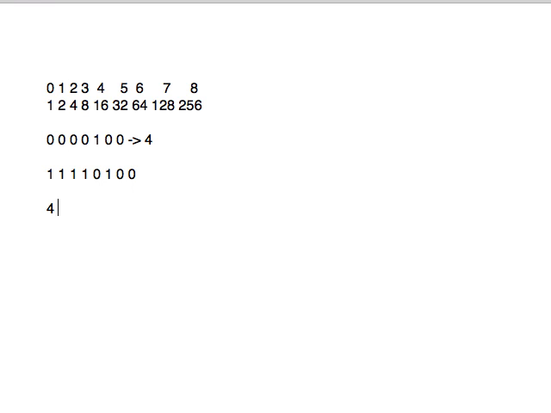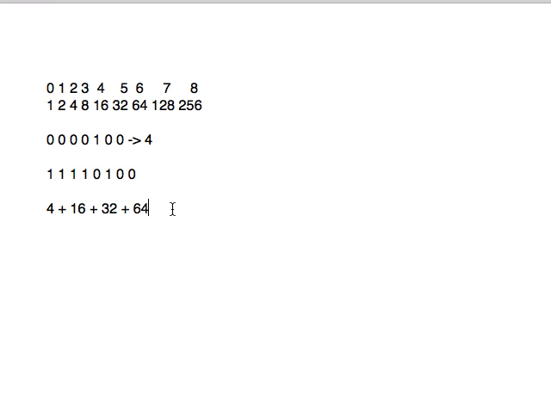So 4 plus, okay, 0, 1, 2, 3. And then we have 4, 5, 6, and 7 as all ones. So 2 raised to the power of 4 is 16. 2 raised to the power of 5 is 32. 2 raised to the power of 6 is 64.